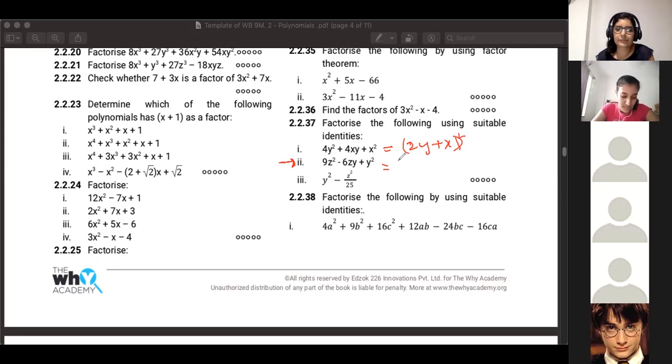Ma'am, a would be 3z and b is y. Yes, y minus z whole square. Yes. So Sujal and Samriddhi had also sent it earlier. You guys are right.